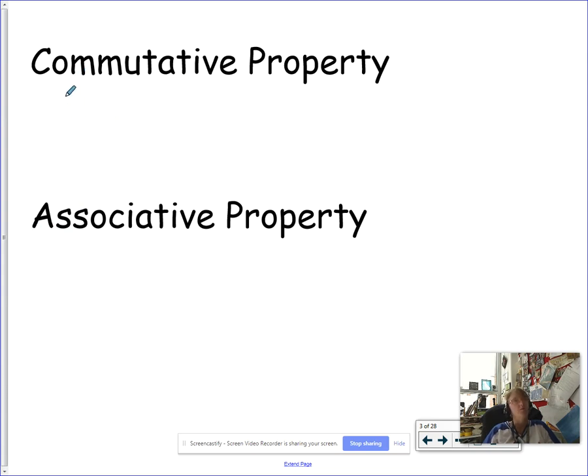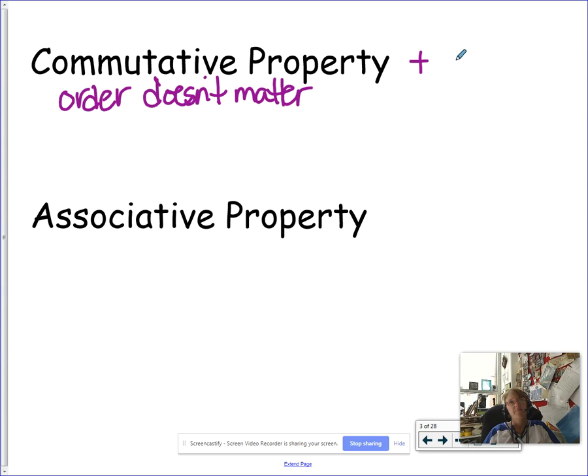The first one's commutative. I'm going to write that the order doesn't matter. In other words, you can change the order. It only works for addition and for multiplication. It won't work for subtracting, and it doesn't work for division.